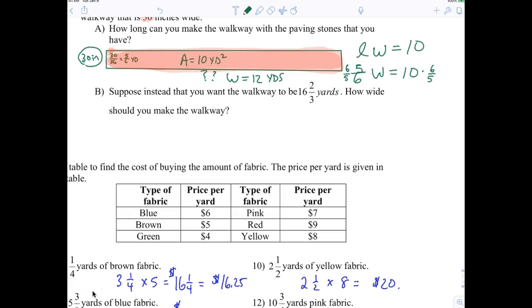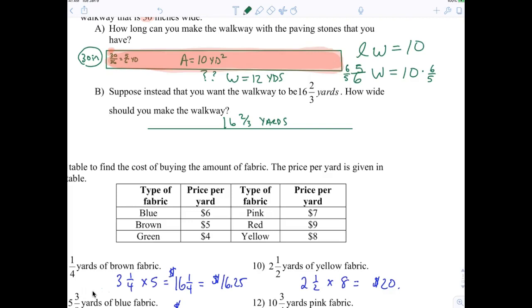All right? Now, part B, it says, suppose that instead you want the walkway to be 16 2/3 yards. So now I'm going to create another walkway that I want to be 16 2/3 yards long. Let's say I measured from my front door to the street and it was 16 2/3.